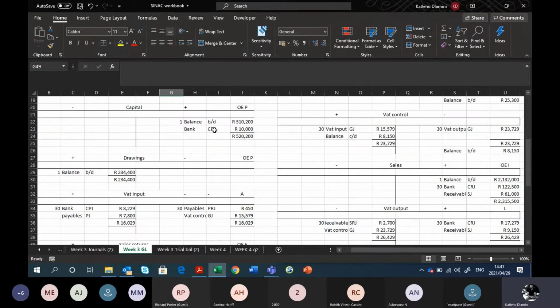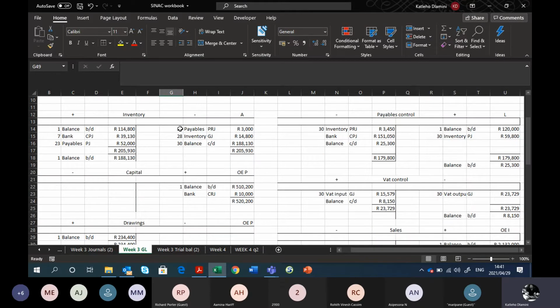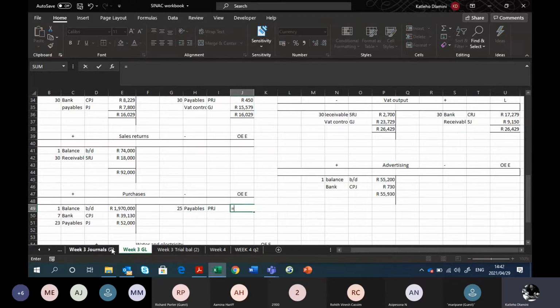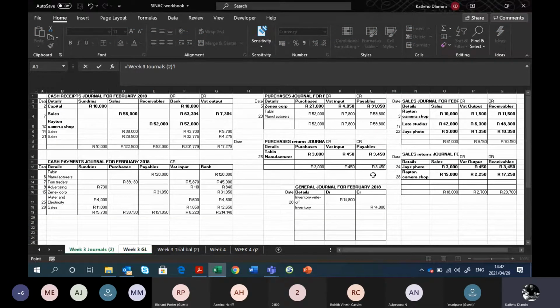Then, where is it? Where's my inventory again? I want this amount. And I put it over here. Okay. And I'm just gonna say, where is it? Purchases, returns.